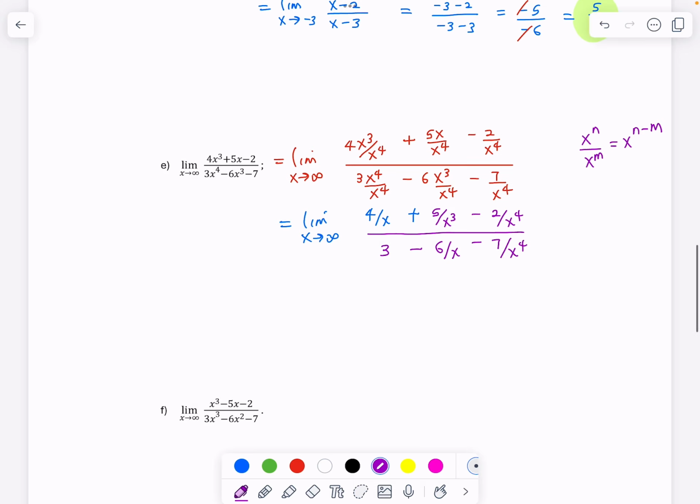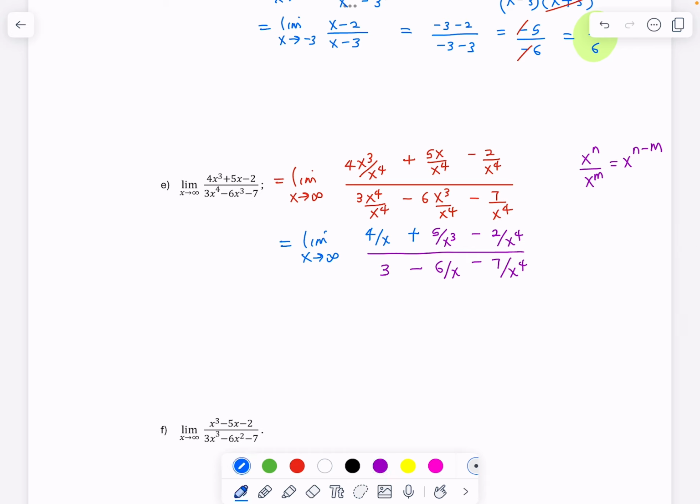Okay? Now if you plug in, I don't know if you know this, but a number divided by infinity is equal to 0.